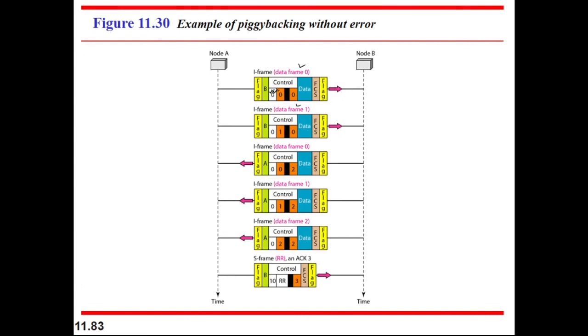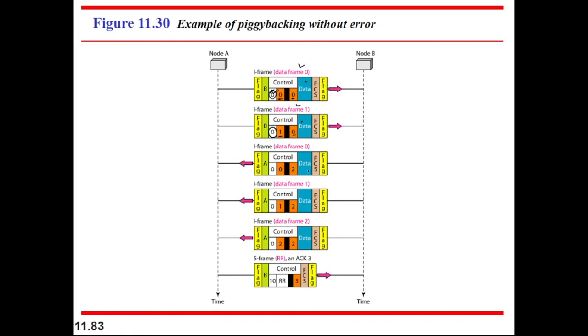So this 0 is for the I frame, this is the first field, and the second field is 0 and here is 1. This is frame 0 and this is frame 1, and the first frame, the 0th frame, you are passing. So you need the acknowledgement of the 0th frame, so that must be passed to the sender, and this is the data part, this is FCS, and this is flag.